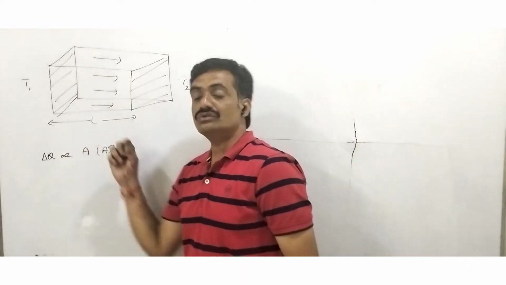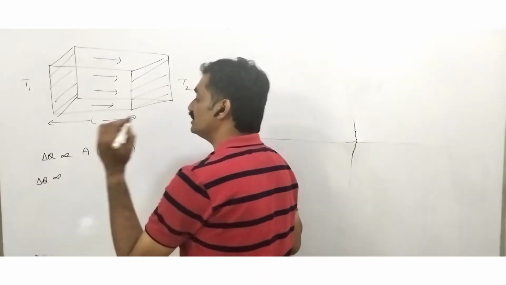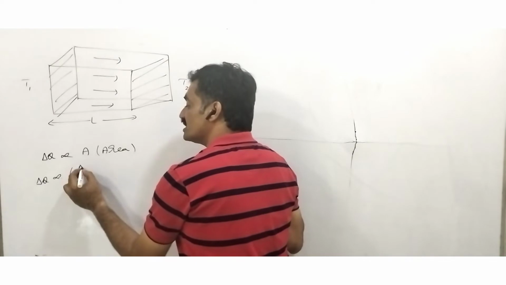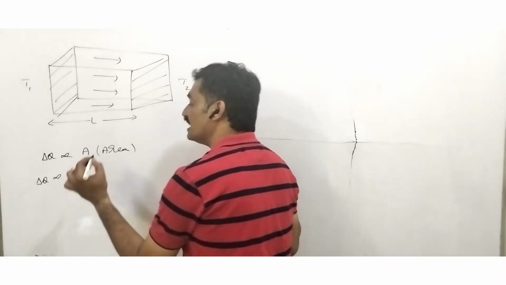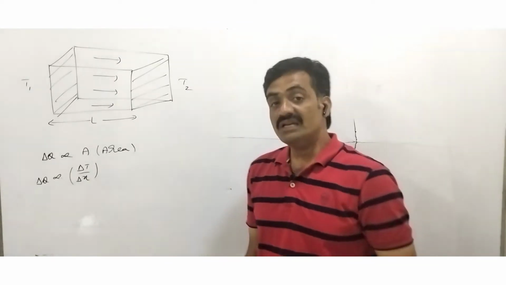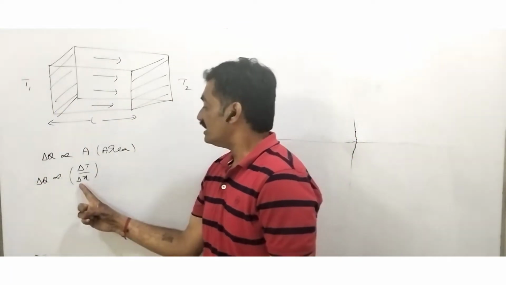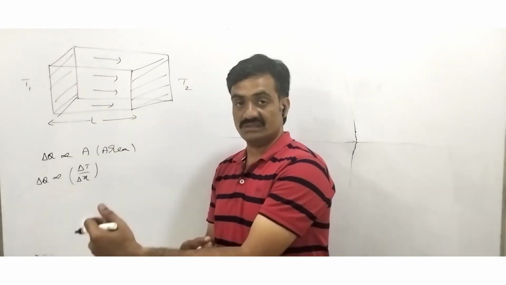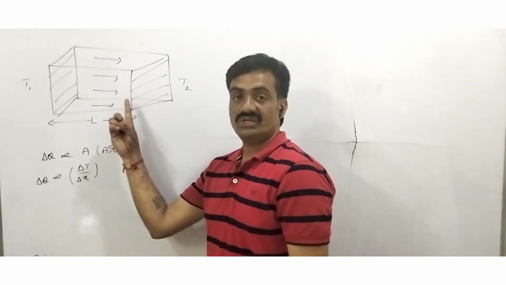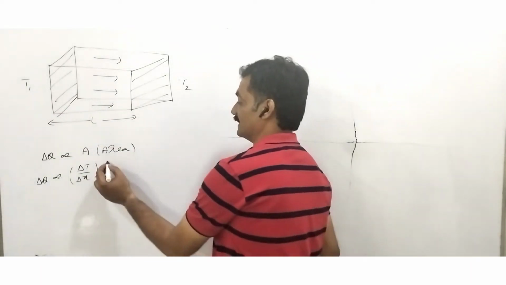Whereas heat flow through the slab is directly proportional to the temperature gradient, where the temperature gradient is represented as delta T by delta X, where delta T is the change in temperature and delta X is the change in distance. So with respect to distance, the change in temperature is represented as the temperature gradient.